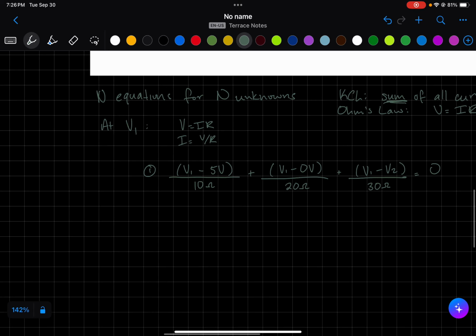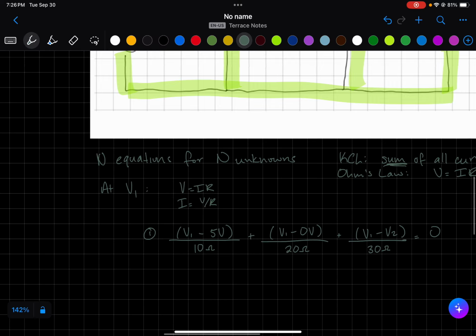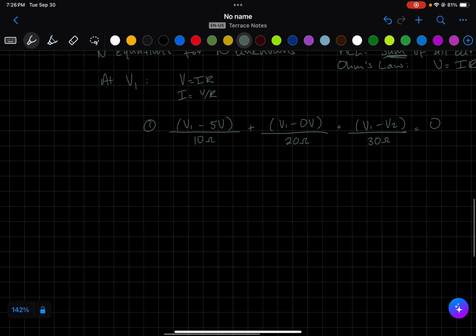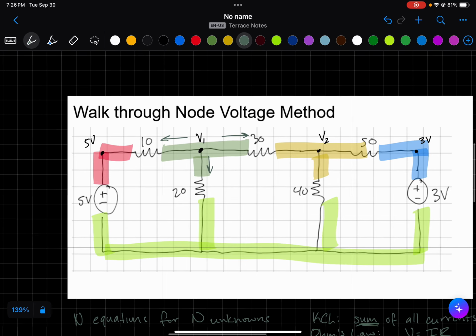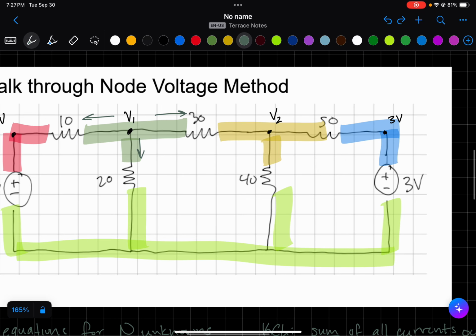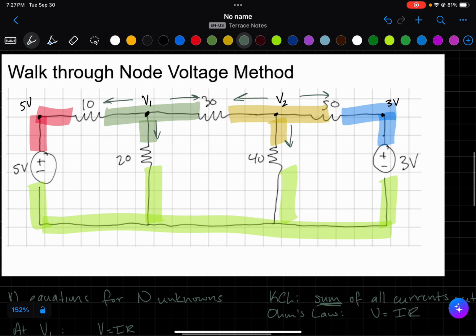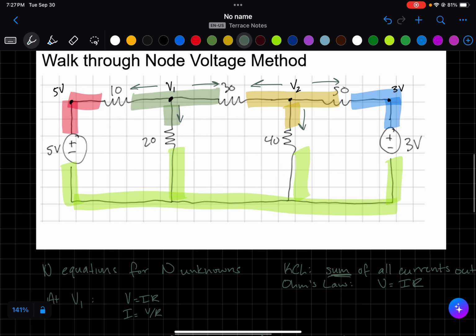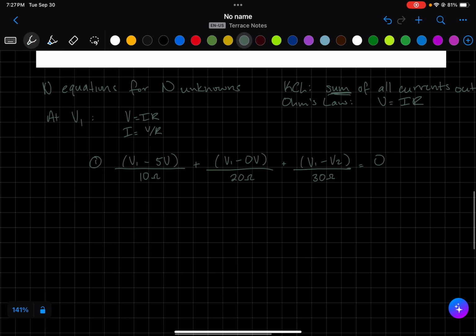We remember we have two unknowns, so we must have two equations. So now let's evaluate V2 right here. Let's assume that our currents are coming out of this node as well, so that everything stays positive and constant.